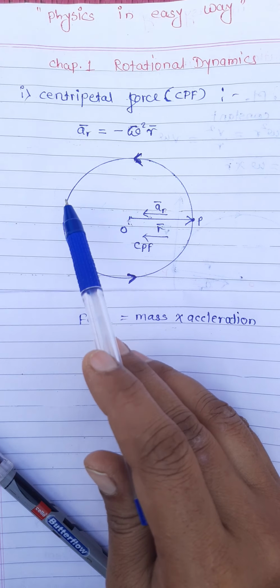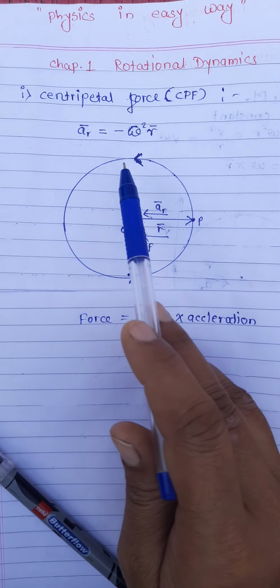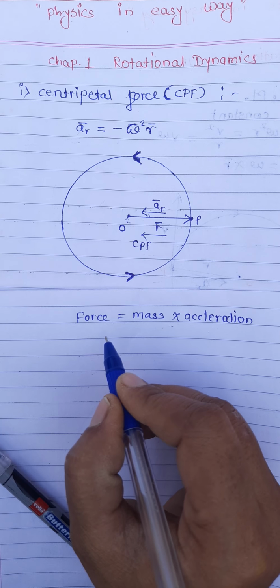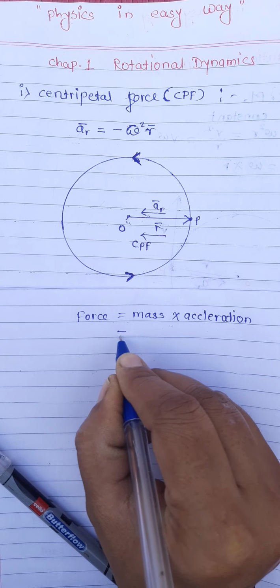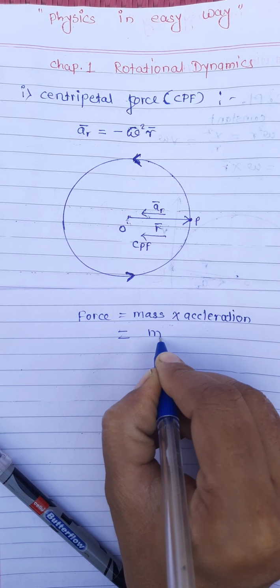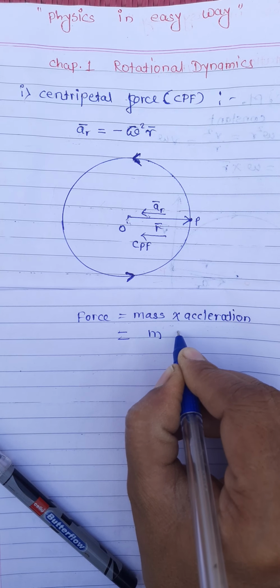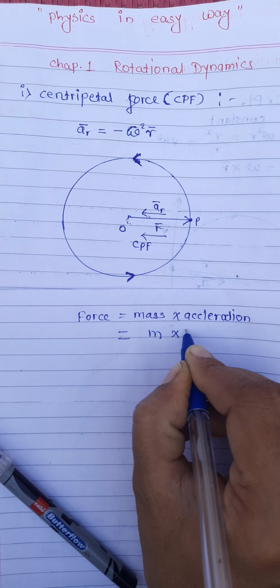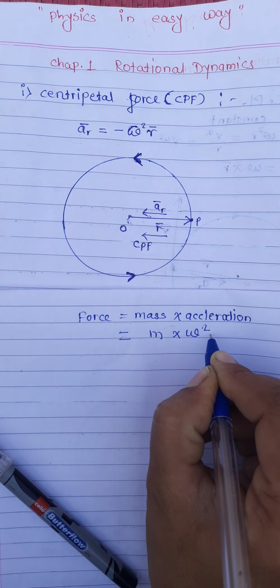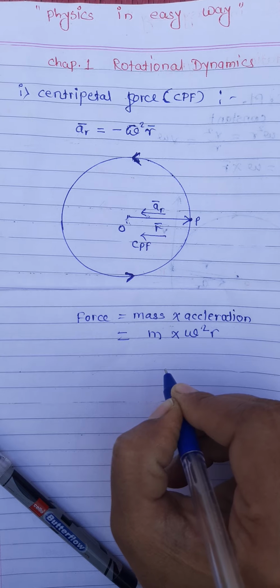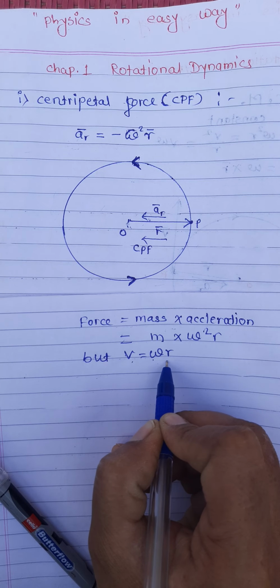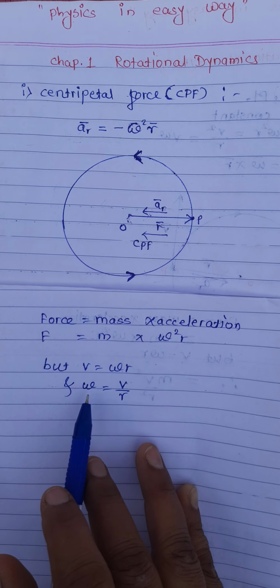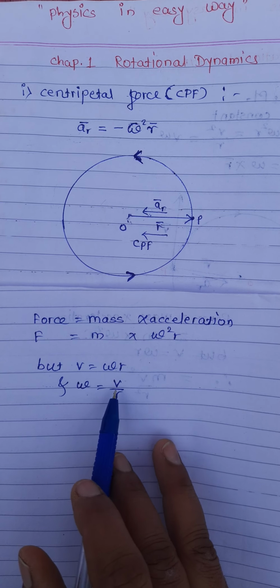But the particle is on the circumference of the circle. Therefore, for the force, consider the mass of that particle is m and acceleration is omega square into r. But v is equal to omega into r, and therefore omega is equal to v divided by r.